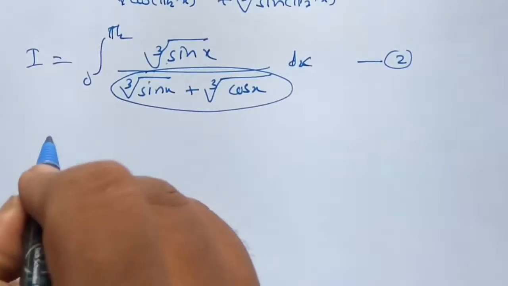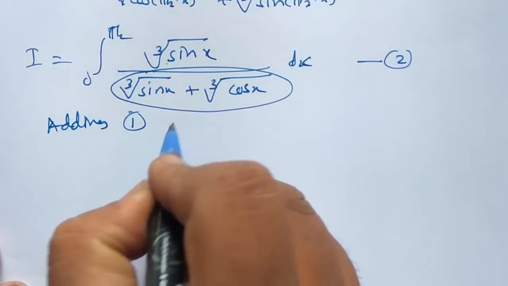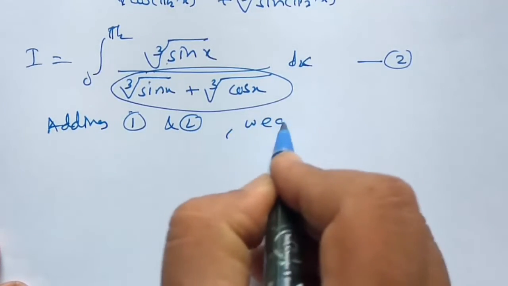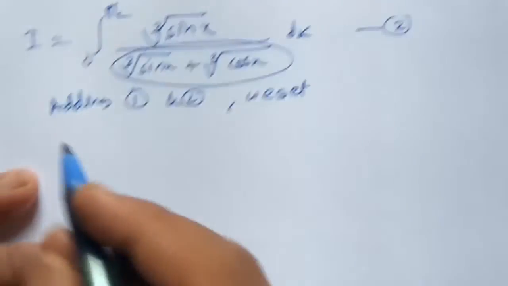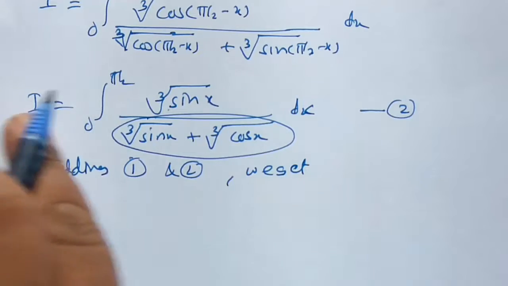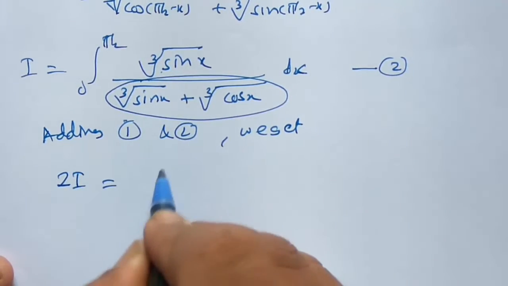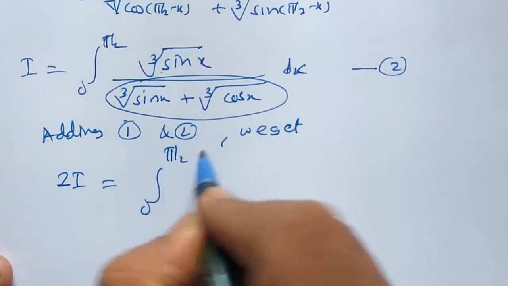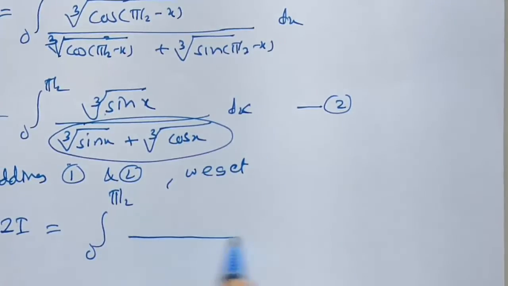By adding 1 and 2, we get: in equation 1 the LHS is I, and in equation 2 the LHS is also I. So I plus I becomes 2I, which is equal to the integral from 0 to pi by 2. The limits are the same and the denominator is the same.